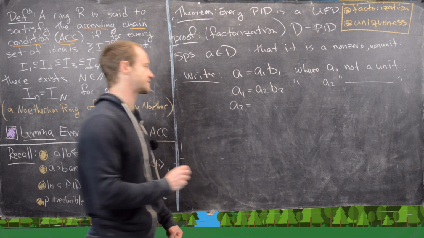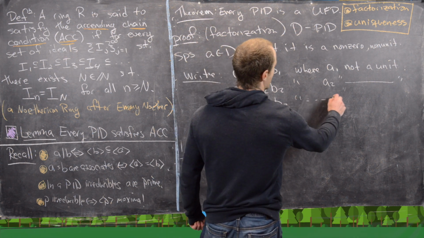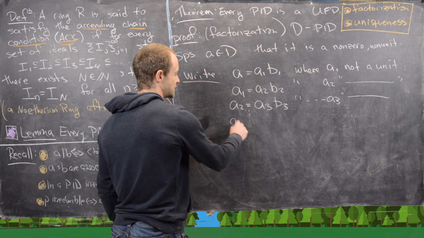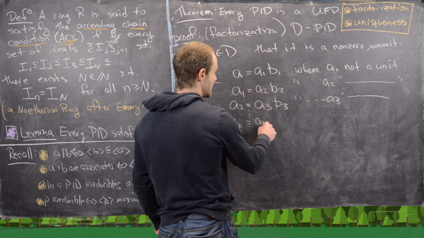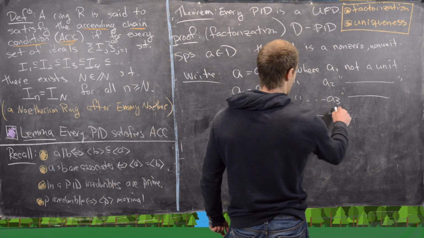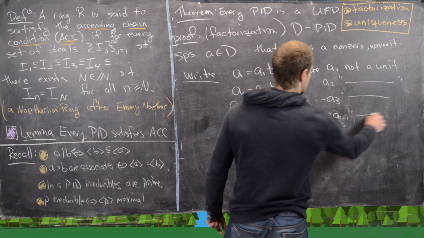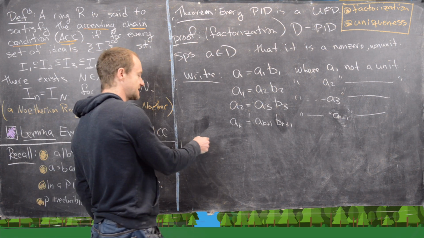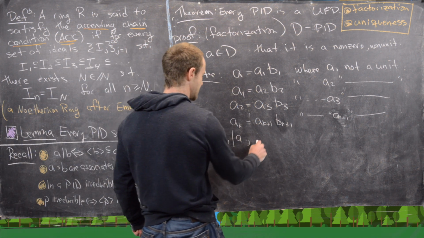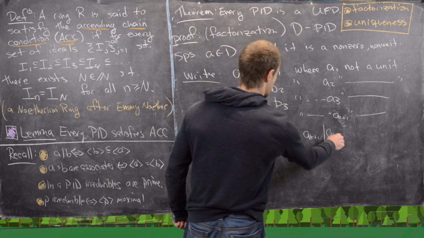We're going to continue this process. So A_2 equals A_3 times B_3, where A_3 is not a unit. Okay, and then we can continue this. So we'll write A_k is equal to A_{k+1} times B_{k+1}, where A_{k+1} is not a unit. But notice this gives us this nice divisibility rule. Notice that A_1 divides A, A_2 divides A_1, and in general, A_{k+1} divides A_k.